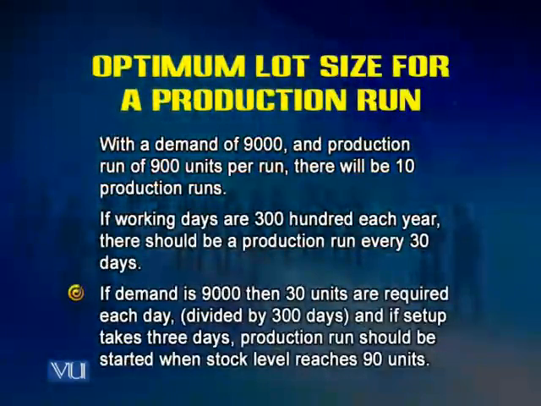If demand is 9,000, then 30 units are required each day, divided by 300 days. And if setup takes 3 days, production run should be started when the stock level reaches 90 units. We will take our example one step further and say that once we have the information of how many batches we need in the year, we can also then say at what point the new batch should be started.